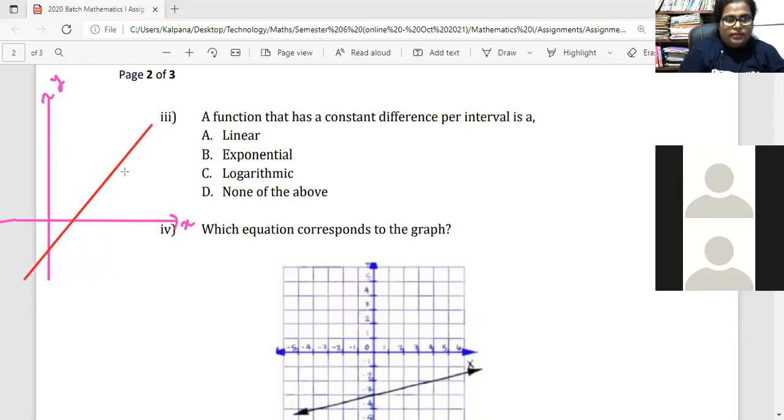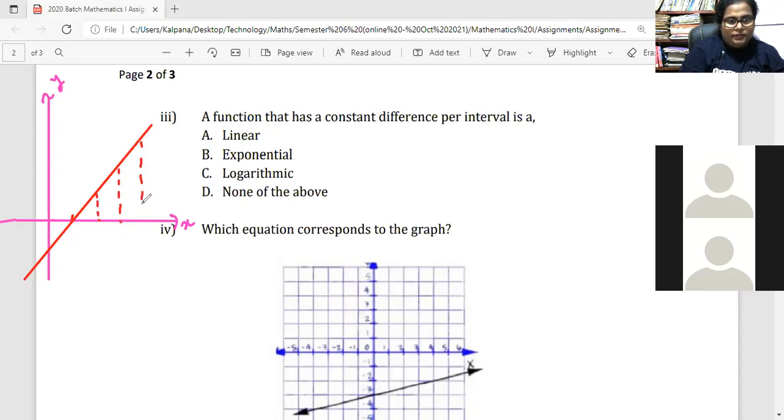If you take any 2 points on this straight line, you can see a constant difference per any interval. Take these intervals here.